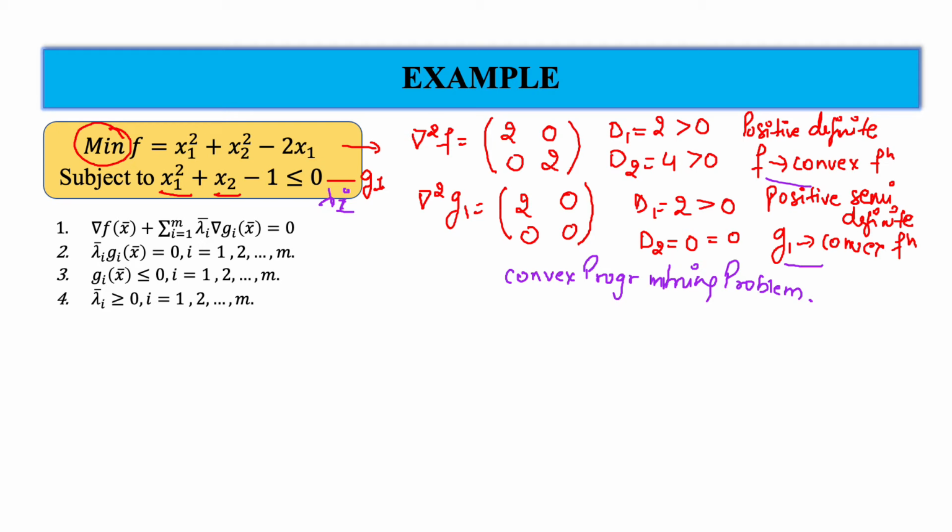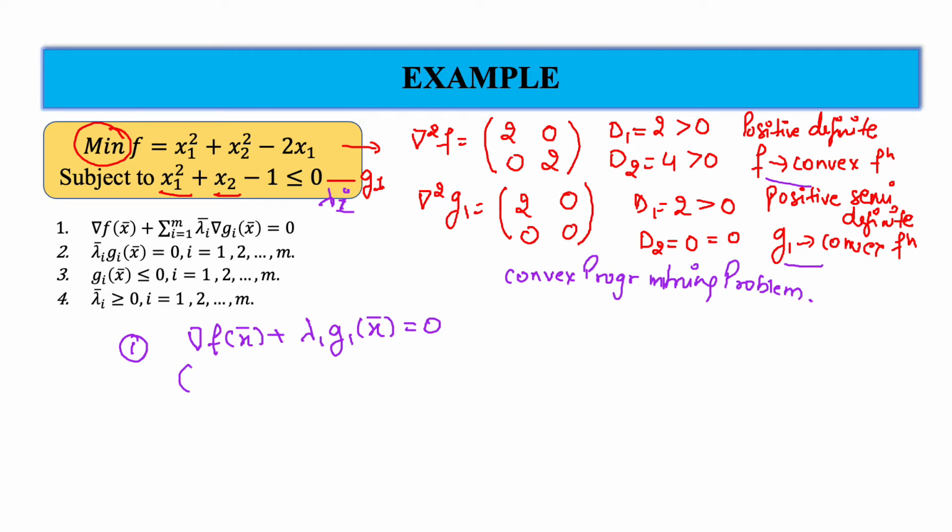So the first KKT condition is gradient of f(x bar) plus lambda 1 times gradient of G1(x bar) equals 0.